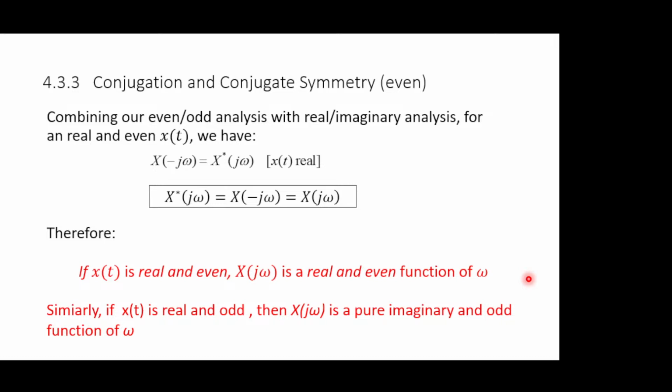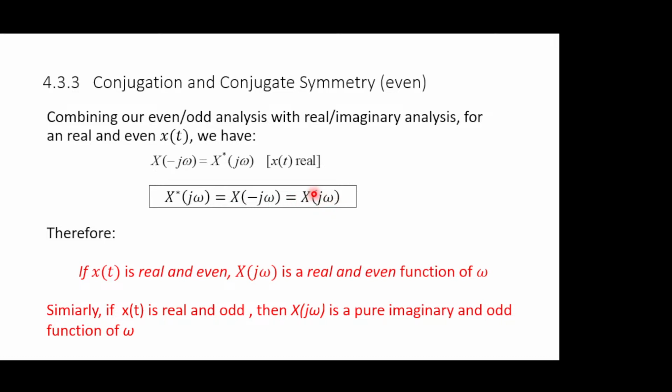And you can do similar things for all the four combinations here. So for example, this is a little hard. If it's real and odd, so this part is still the same: X star of j omega is still X of minus j omega. But it's odd, so this X of minus j omega is minus X of j omega.